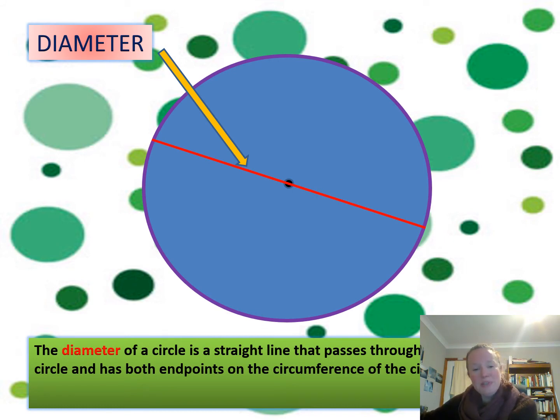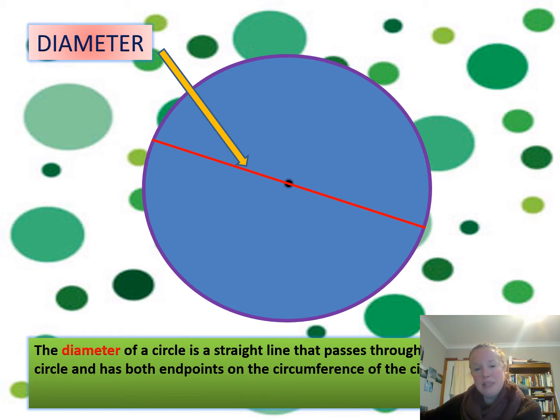Okay, so a diameter of a circle is a straight line that passes through the center and connects both sides of the circumference. It measures the full width of the circle, and it is twice the length of the radius.